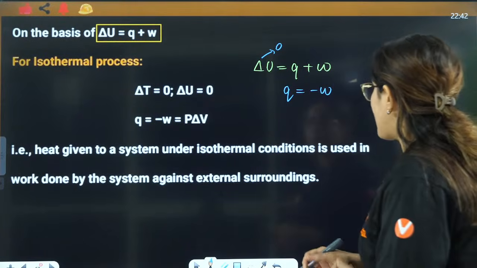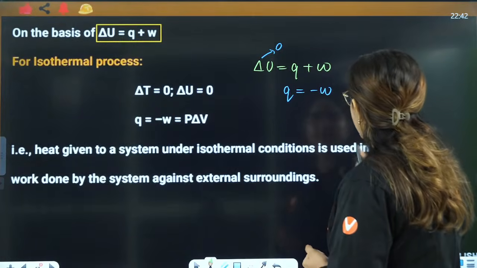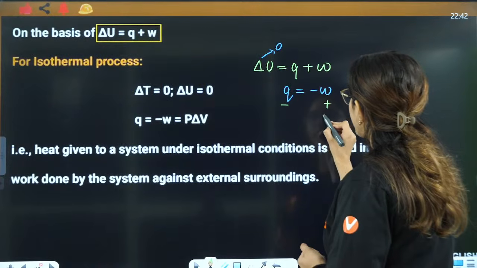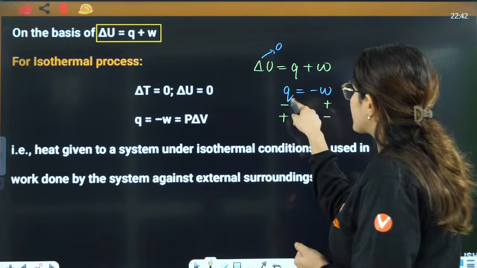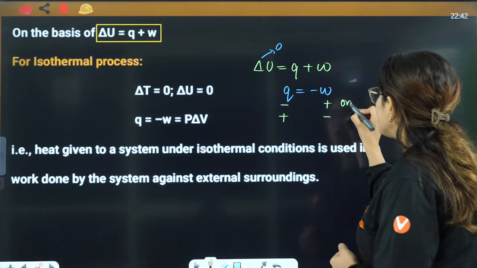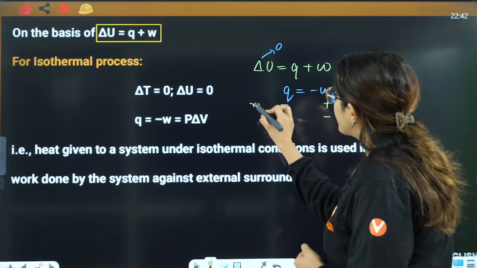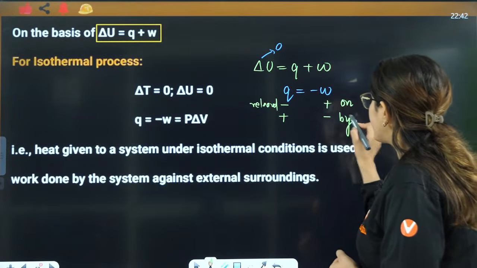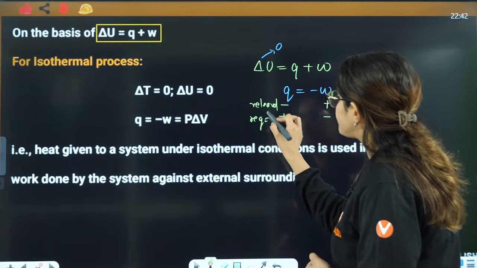Now remember one thing, that means I can say that when work is positive, heat will be negative, and when work is negative, heat will be positive, because they have opposite signs, right? That means when work is done on the system, heat energy will be released. When work is done by the system, heat energy will be required.